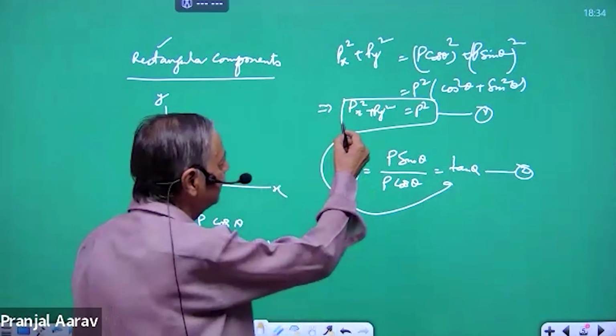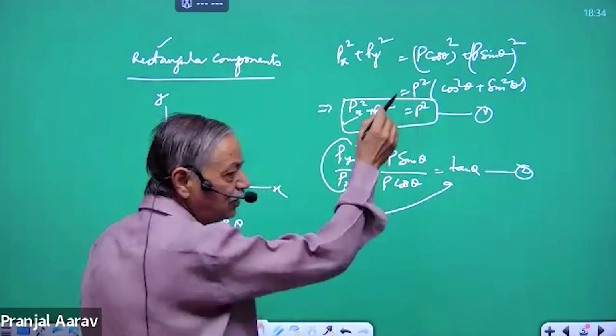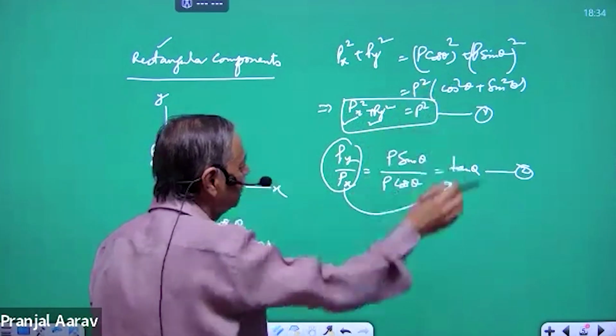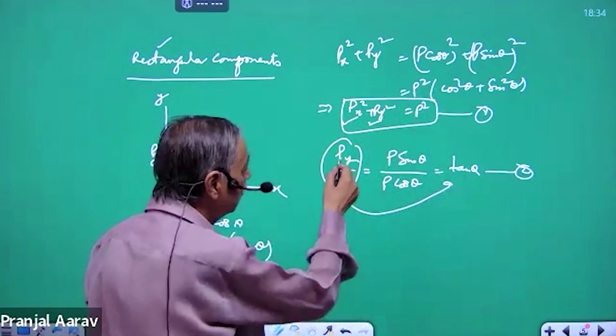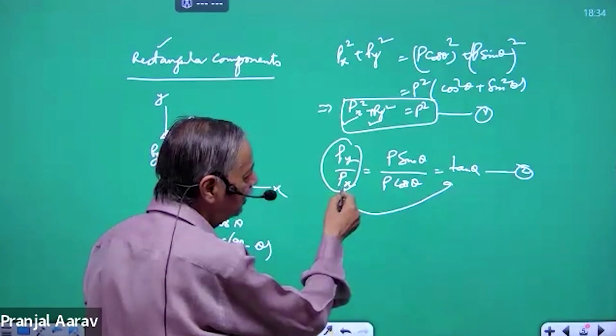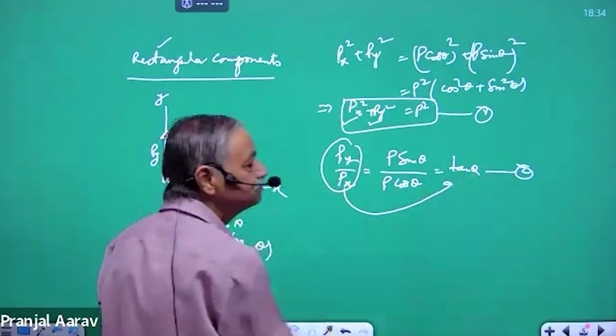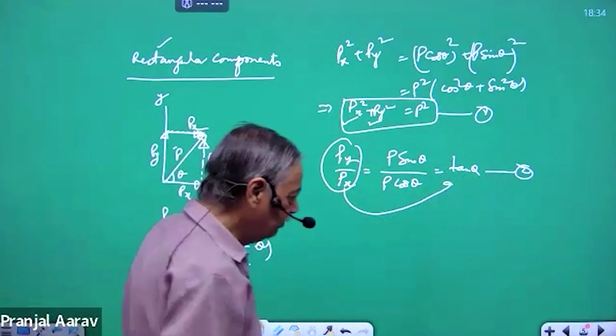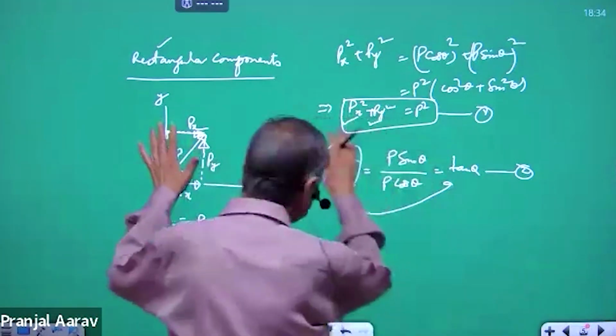This is one rectangular component, this is another rectangular component. Then their square is equal to original vector's square. And if you take the y component along x component, that is always tan theta. There could be other components also. So here it is clear.